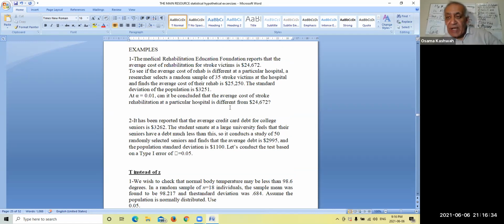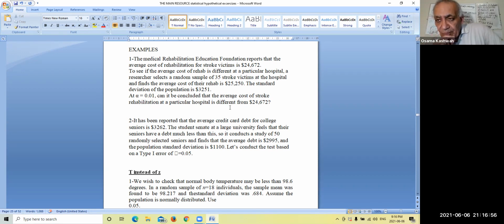Like I told you before, as long as the calculated value is greater than the tabulated value, you will reject hypothesis nil and accept hypothesis 1.